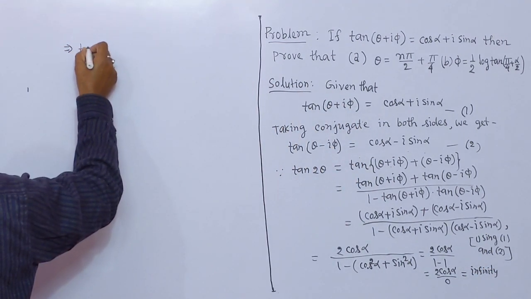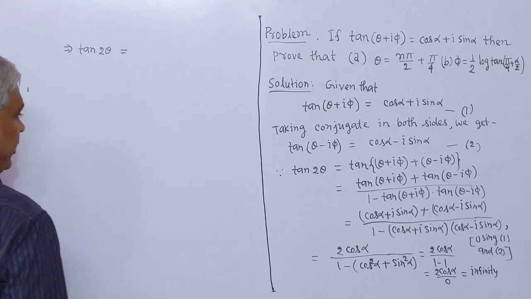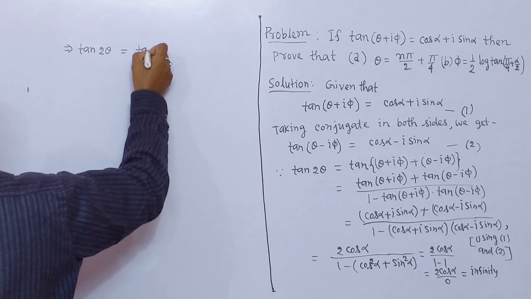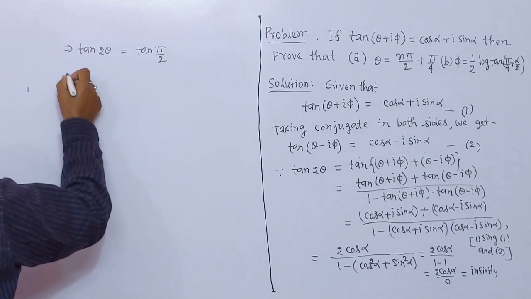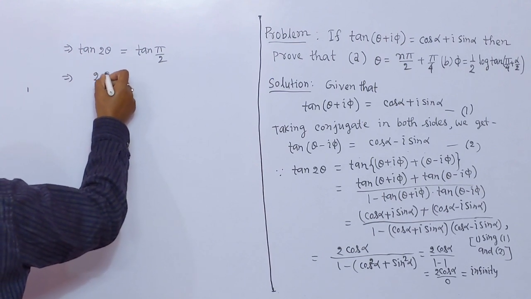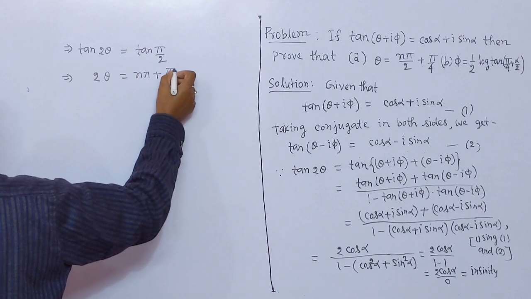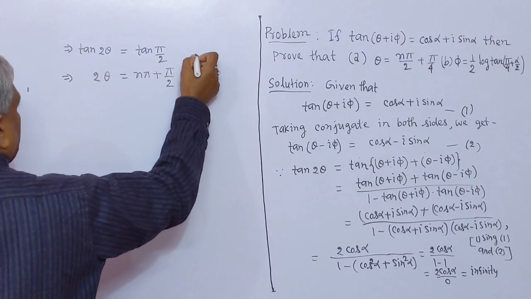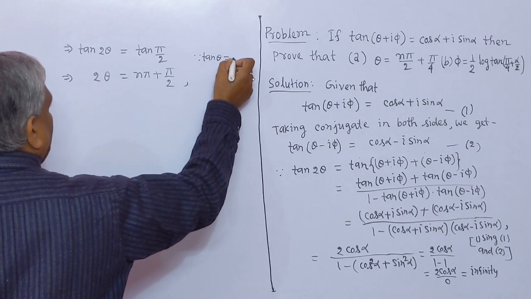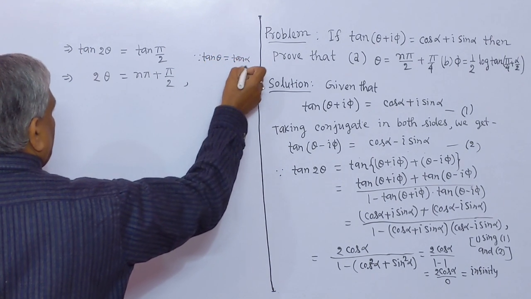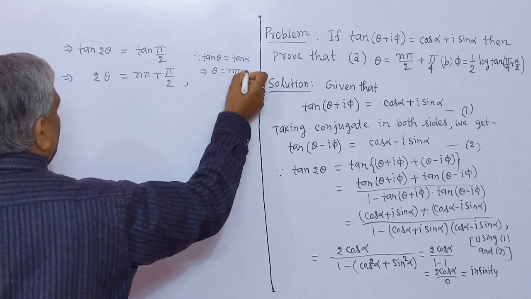Implies that tan 2 theta equal to infinity means tan pi by 2. Now the general value will be 2 theta equal to n pi plus pi by 2. Since tan theta equal to tan alpha, the general value of theta is n pi plus alpha.